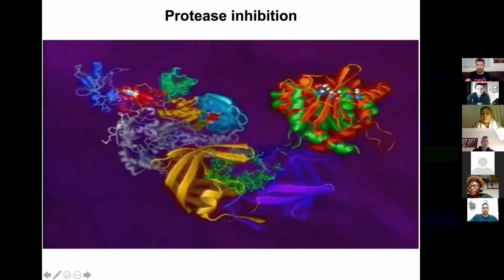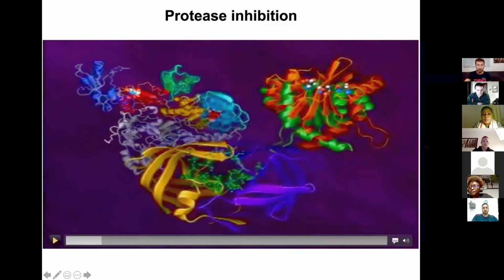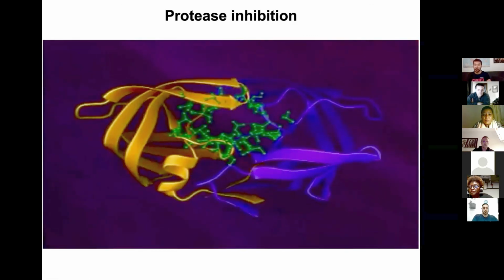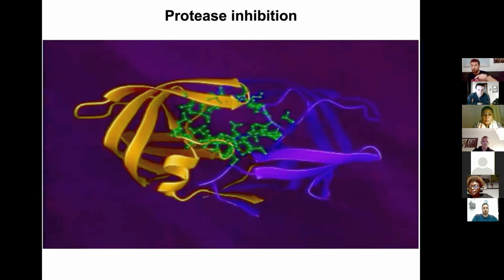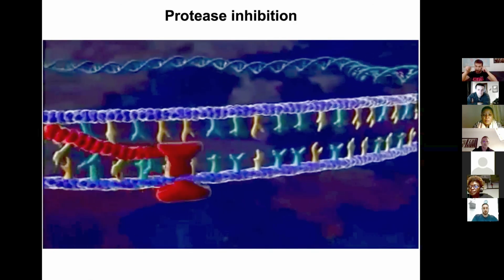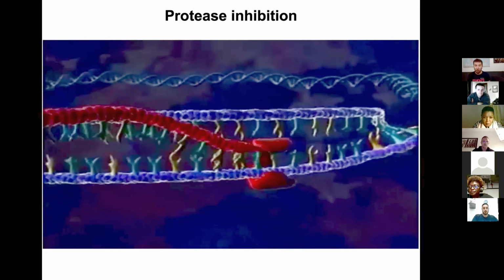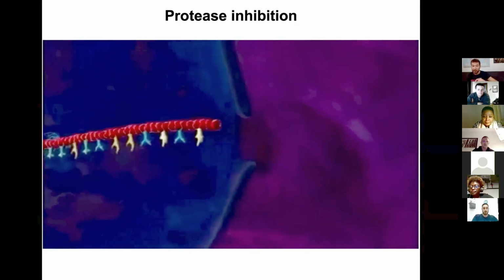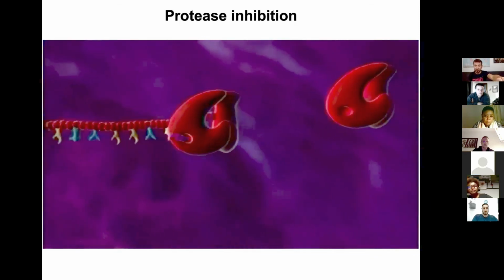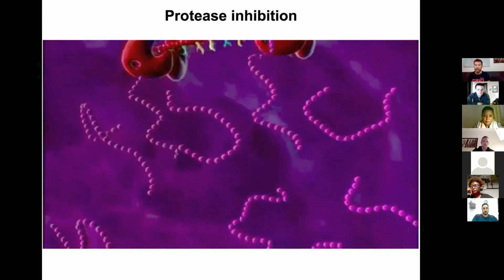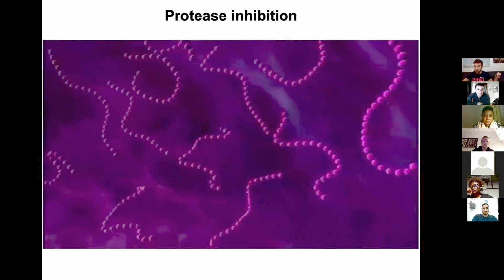Okay, you see here, for example, you have proteases, you have integrase, and you have a transcriptase. And here we speak again about protease, and you can see that this protease has a hole. And what happens in the cell? In the cell, you get these proteins at the end, and they are long-chain proteins.